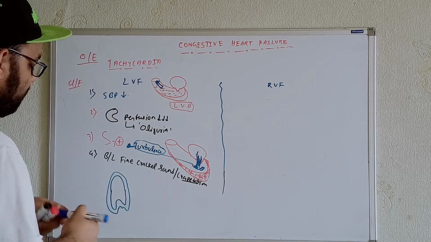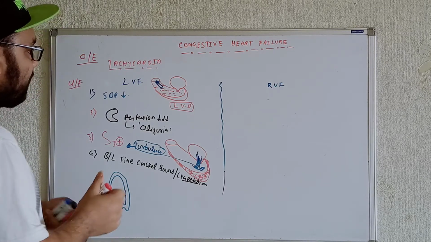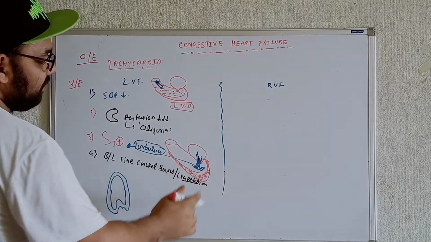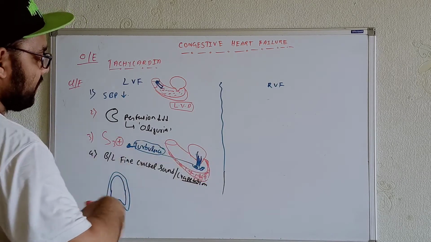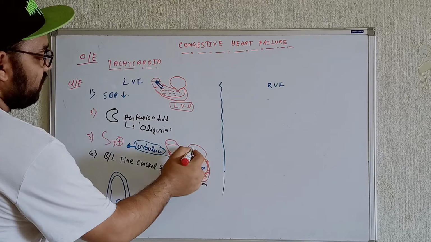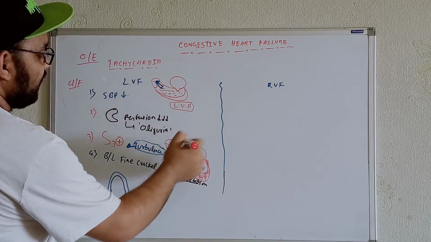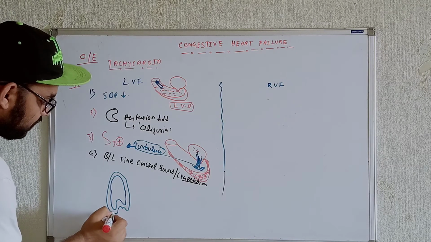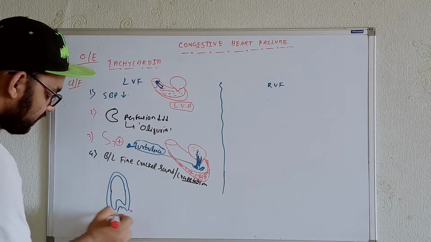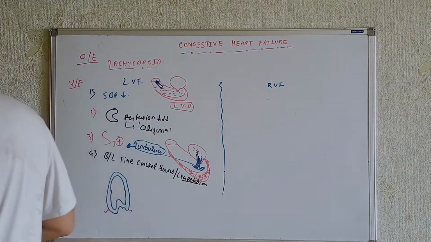Whenever the left ventricle is not able to pump the blood out of the ventricle, the blood will be accumulated over here. From here it will go to the lungs. So whenever it comes into the lungs, we will see. Let me write it over here first.